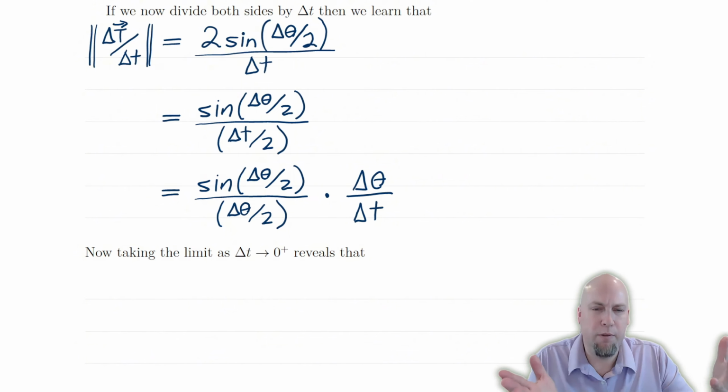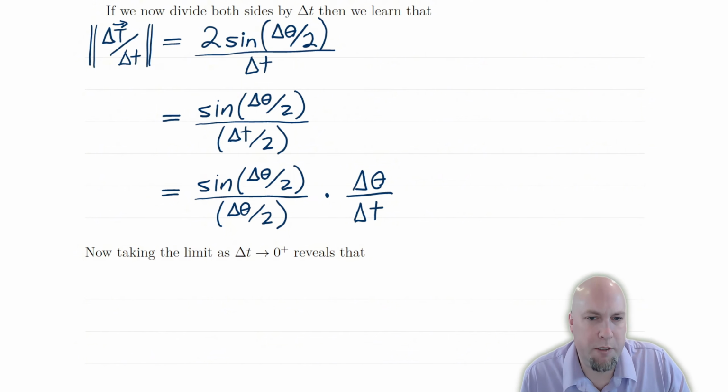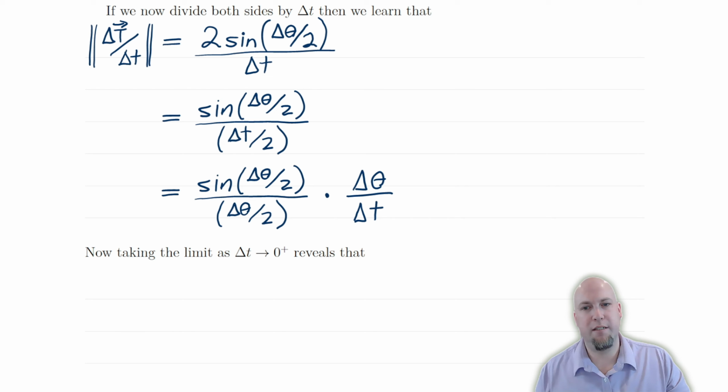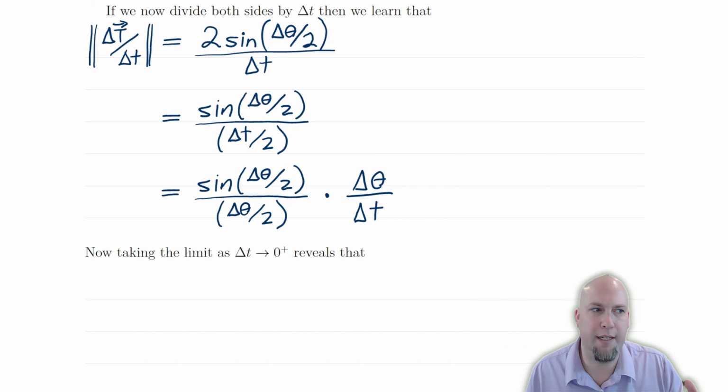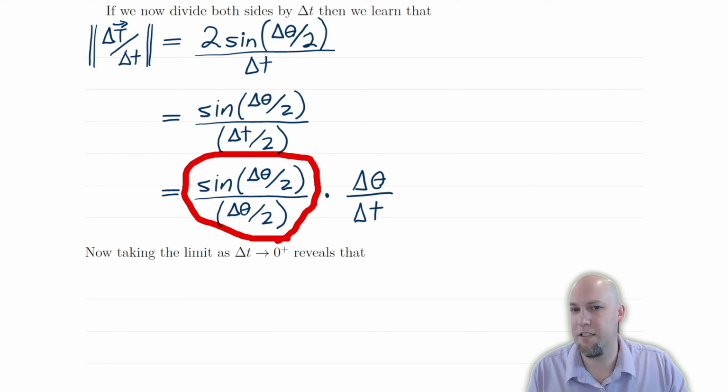Really, what I'm doing is multiplying by delta theta over delta theta, and then moving the delta time over to the right. So I'm introducing an extra delta theta over delta theta, which of course is just 1. It's not actually changing anything here. And now this is really nice. This is starting to look like something I can take the limit of, because I kind of recognize that in terms of limits.